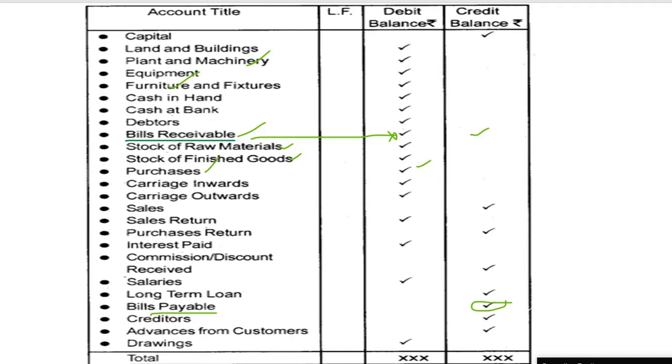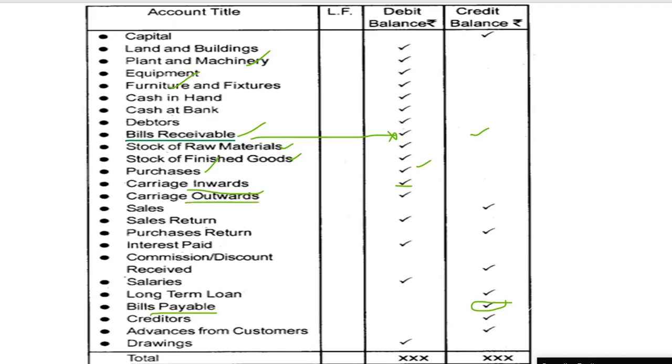Carriage inwards means we are getting the goods, as with bills received, so we need to pay for them. If you purchase any goods, we need to pay the money for it, so it is called carriage inwards and it comes under the debit side.